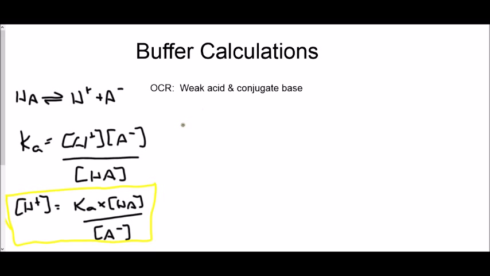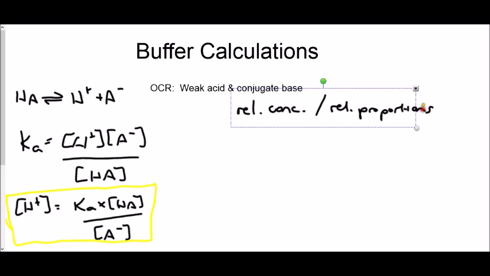The other question we might get might talk about relative concentrations or relative proportions. For example, the question might say, calculate the relative proportions that butanoic acid and sodium butanoate need to be mixed in to give a buffer of pH 3.2. And for that you're going to still use this Ka expression, but you're going to rearrange it so that it looks like this.